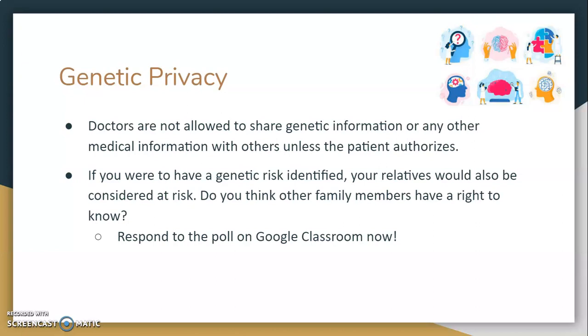But should you be forced to tell or to publish that information to your entire family? Should your second cousin know all of your genetic disorders just in case they need to protect themselves against the same thing? Be curious what you think, yes or no, and if it allows you to add a class comment, I'm not sure. I'd love to hear your opinions too.